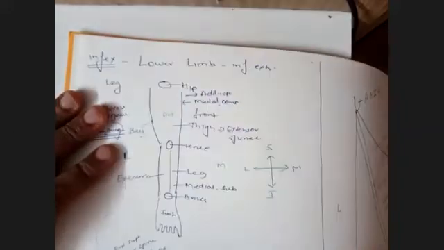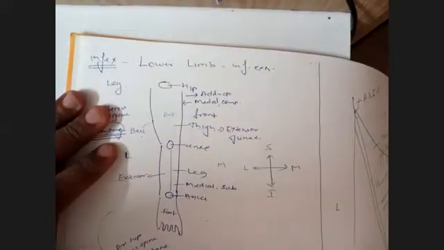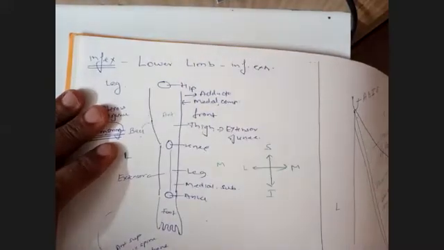When we flex the knee, our leg gets lifted up from behind. But when we flex the elbow, our upper extremity gets lifted up from the anterior aspect, from ahead, not from the posterior aspect.